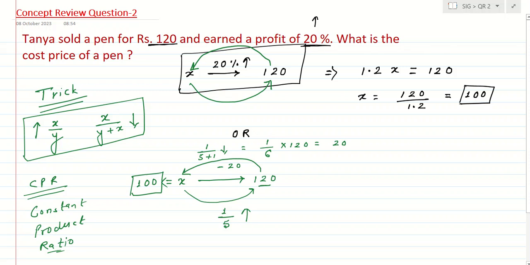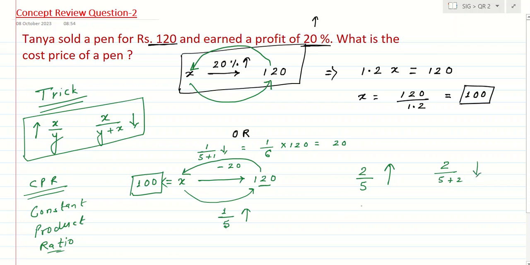So what happens in CPR? If I'm increasing any number by 2 by 5, I must decrease it back by what fraction? 2 by 5 plus 2, right?